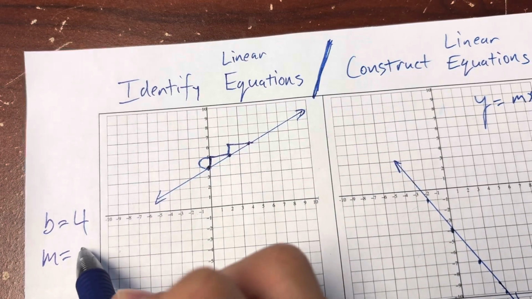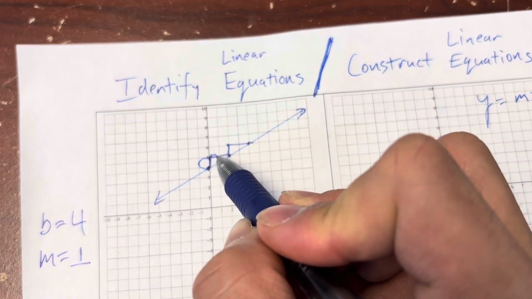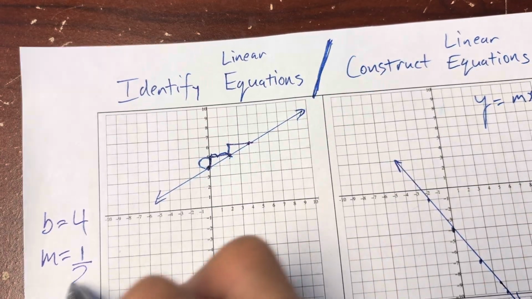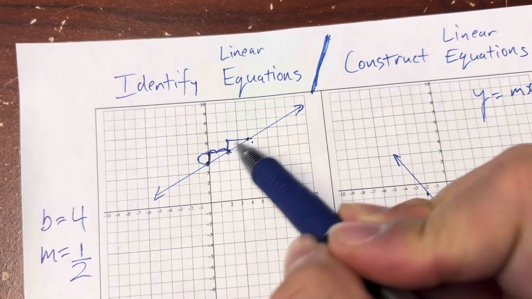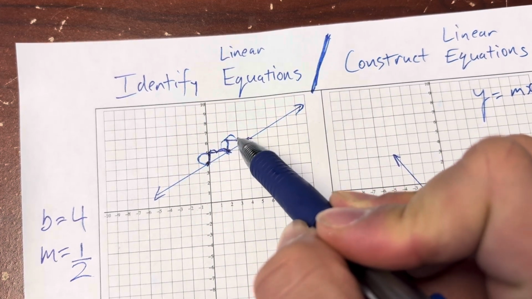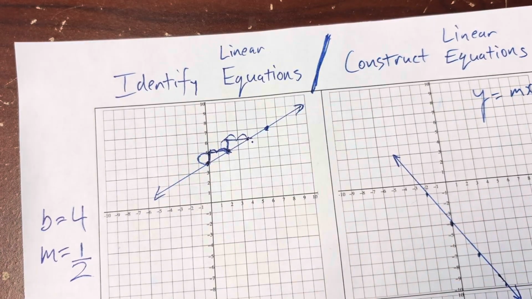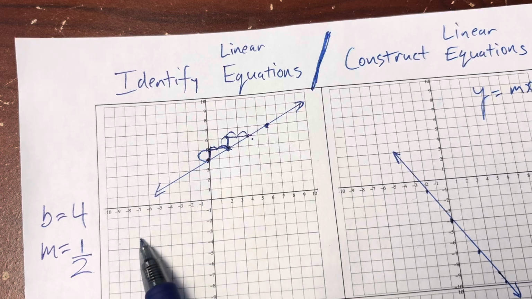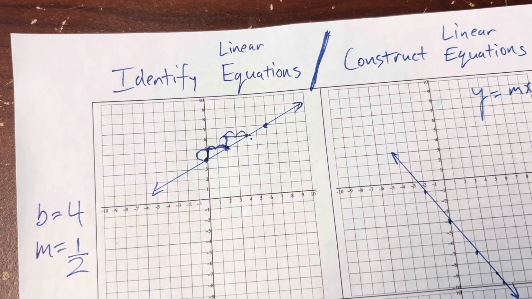So already my slope is 1 over, and then I had to move 1, 2 to get to my next point, 1 over 2. And just to check, to go from this point to this point, I go up 1 over 2, right? Up 1 over 2 gets me my next point. And notice the movement is very constant. It's the same movement. That's why they call it a constant rate of change.